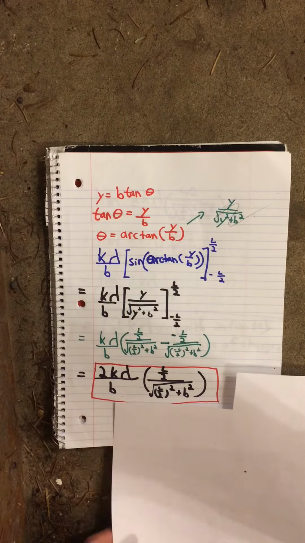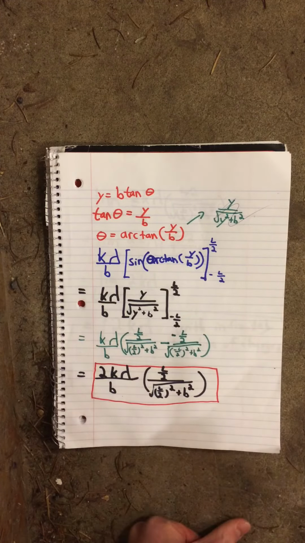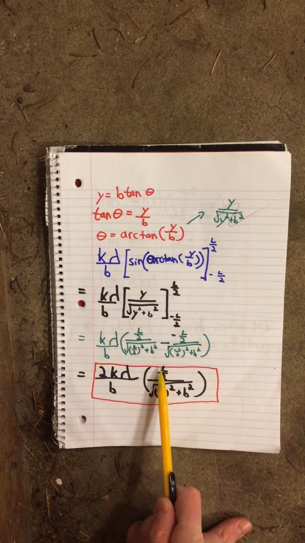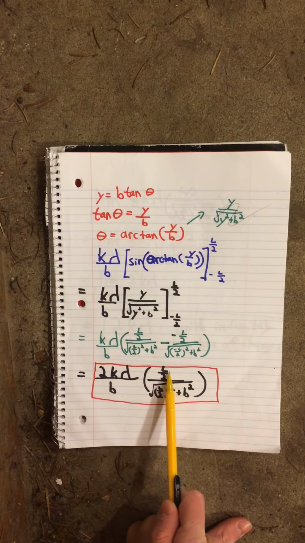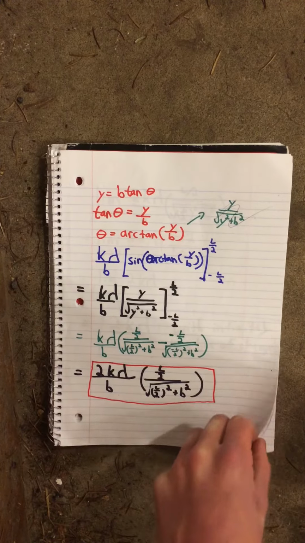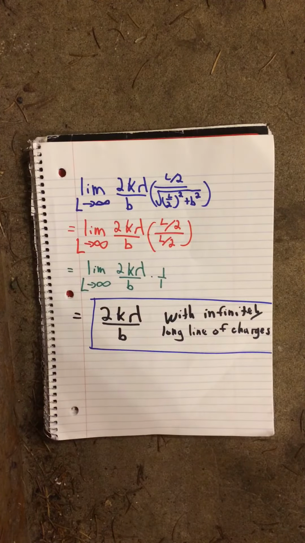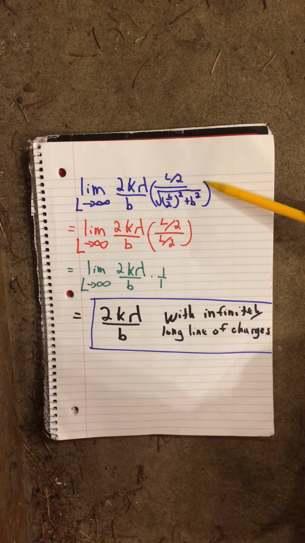In order to represent that, we are going to look at the limit of this expression as L, the length of the line of charges, goes to infinity. This becomes enormously large. Using the stuff we learned in the first week of Calculus 1, we get this limit.